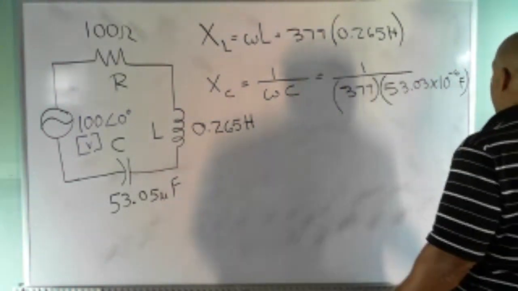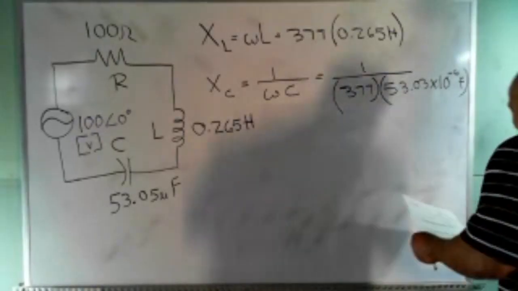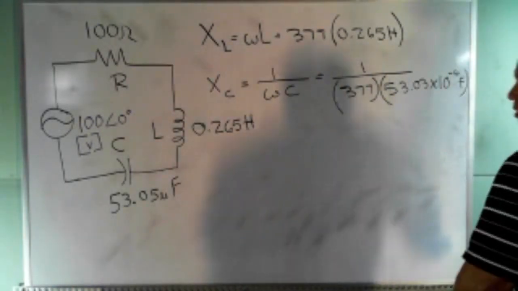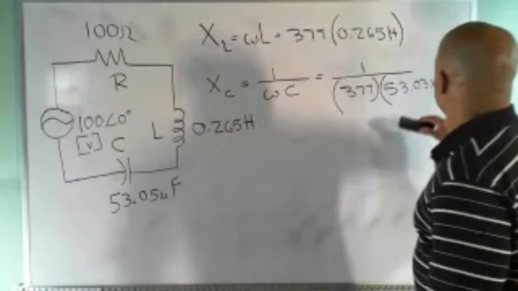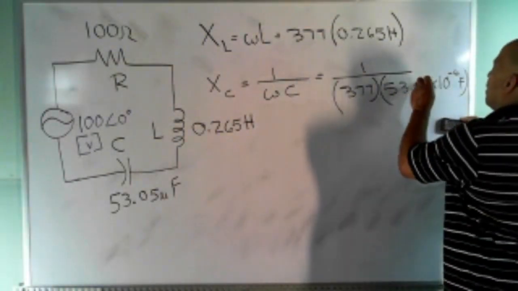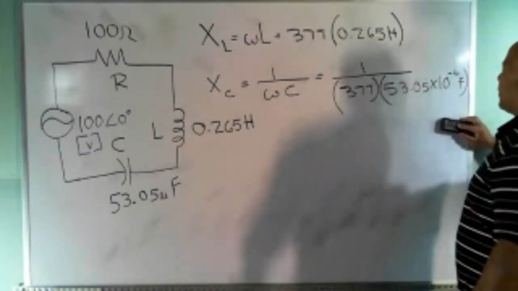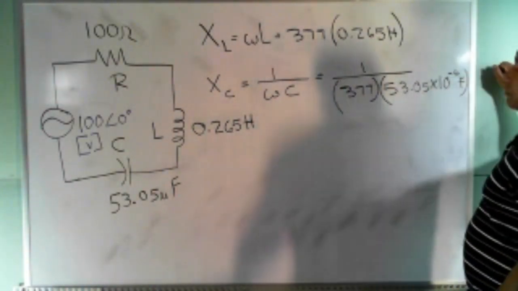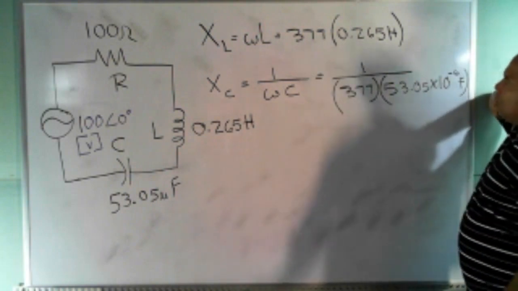Is it 5303 or 5305? You're right, I wrote it over here. All right, 5305. Thank you. So give me XL. Tell me what that is. How many ohms?